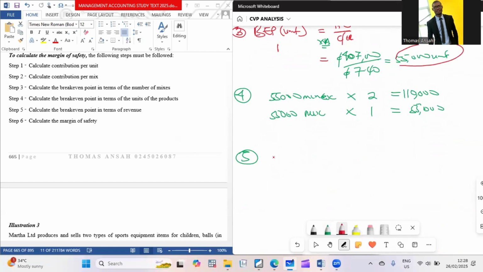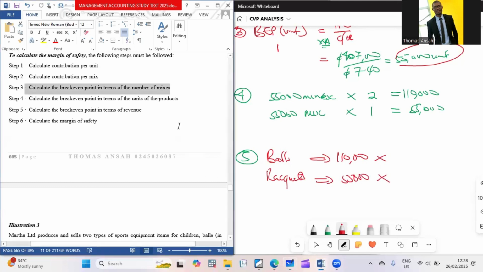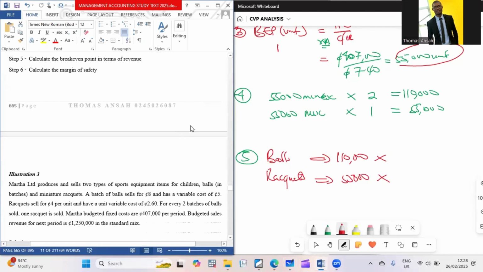So in revenue, we have two products. We have balls and we have ratchets. Okay, so in revenue, it is simple. It means that I have 110,000. This one is 55,000. How much do I sell these things for? I think we were given the sales price for each one of them. This one is 8 per batch, and this one is 4 per batch.